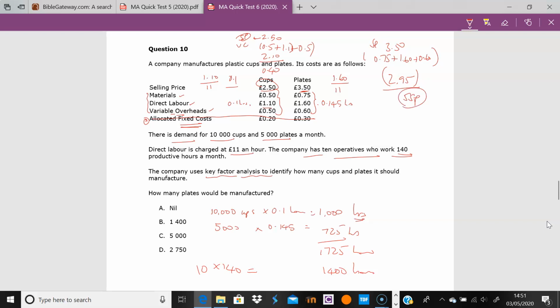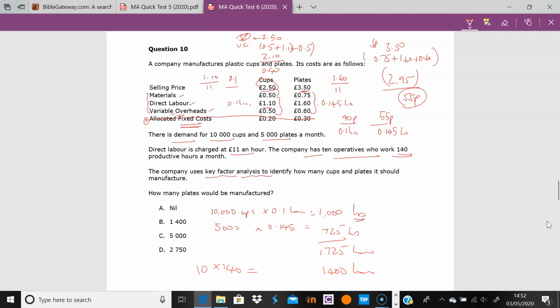But what we're saying here is that when we spend 0.1 hours making a cup, we get 40p. When we spend 0.145 hours, we get 55p. Imagine you were working and you spend 0.1 hours and you get 40p, or you spend 0.145 hours and you get 55p.